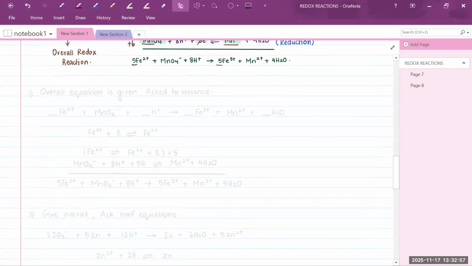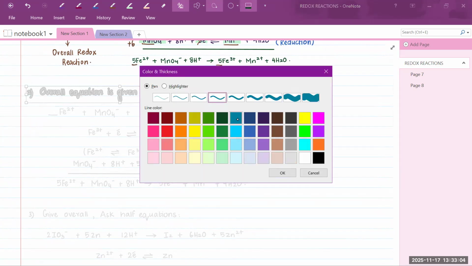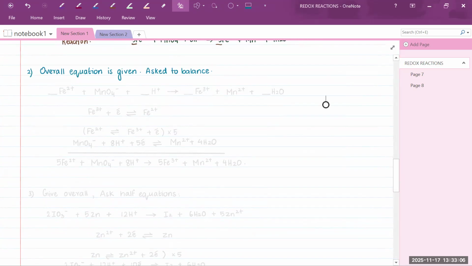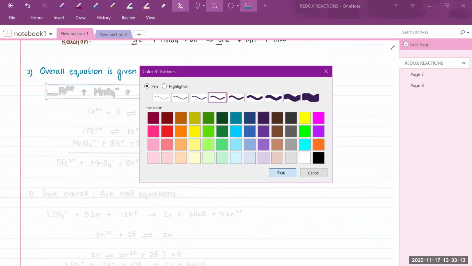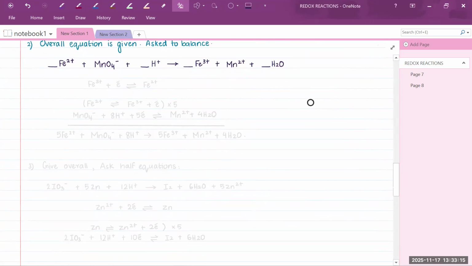Secondly, how they ask the question is, the overall equation is given and then you'll have to balance that. For example, you are given this and now you're asked to balance it.